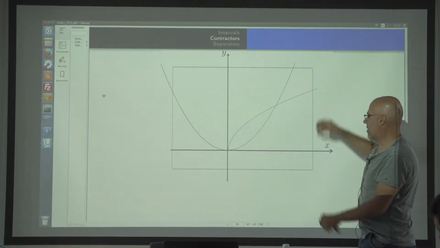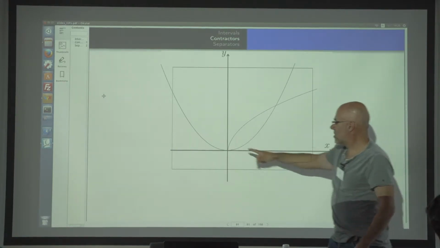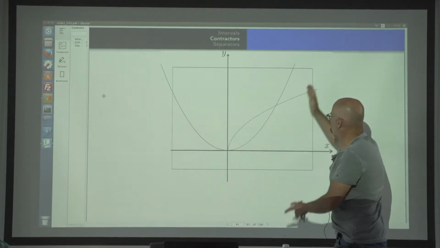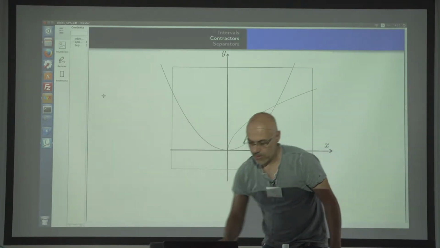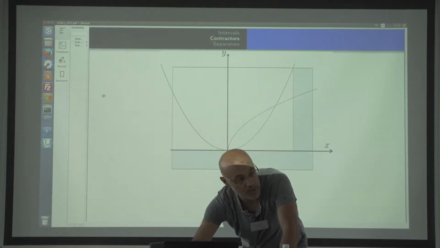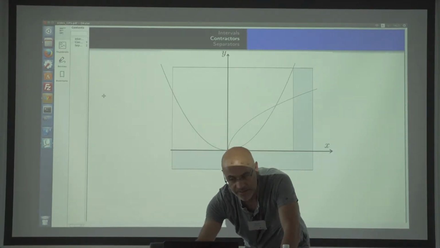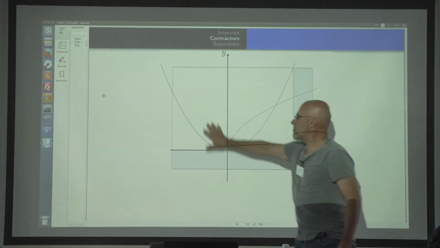Assume that I know different things, just for graphing. So I will apply first the parabola as a contractor, and this will be eliminated. So what I show here, this part in gray, is eliminated thanks to the parabola. So the parabola is viewed here as a contractor. Then, if I apply the second equation, will I remove this part or not?